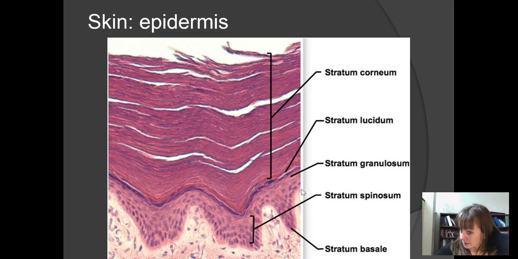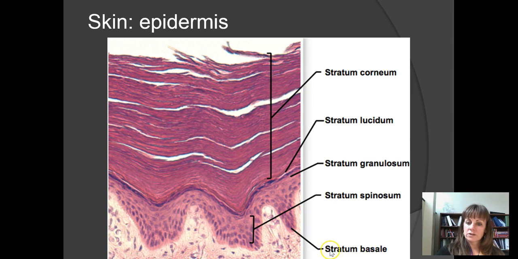Now, the rest of skin is going to be thin skin, and it is only going to have 4 layers, okay, and this stratum lucidum is the layer that is only present in thick skin. We do not see it in thin skin.